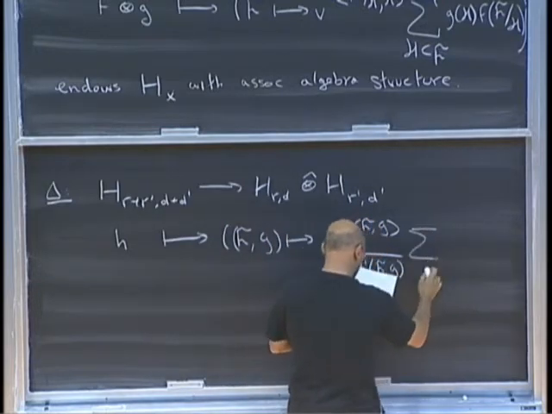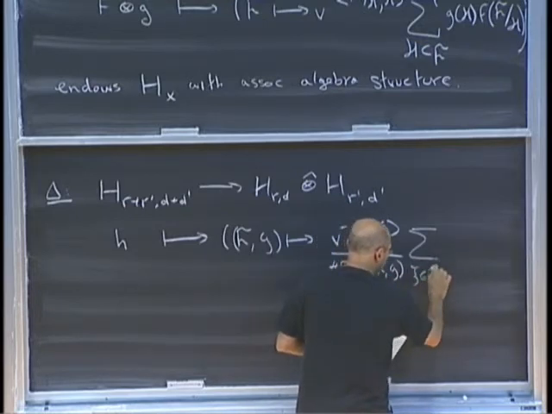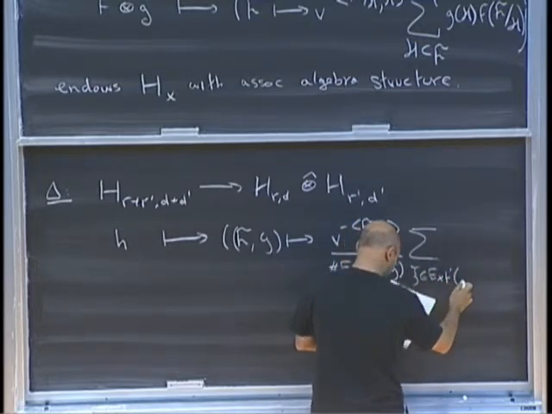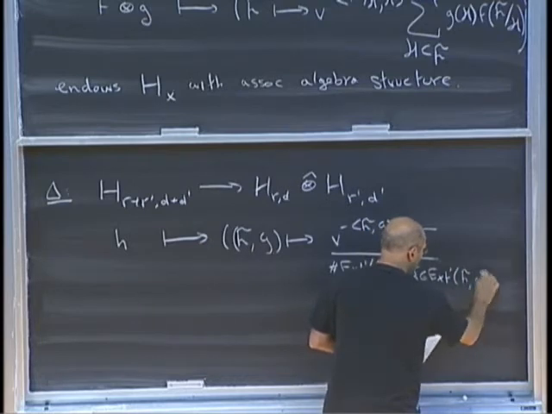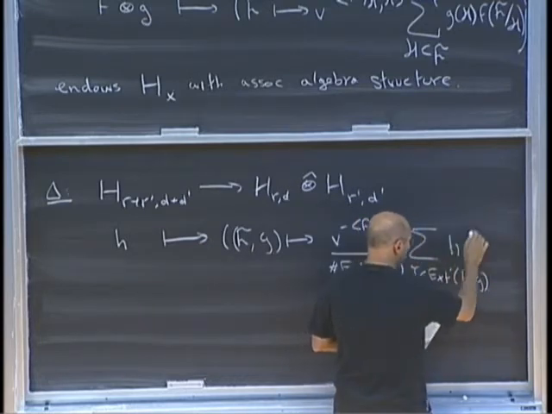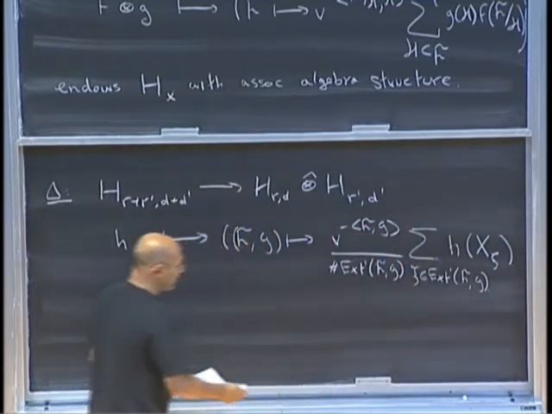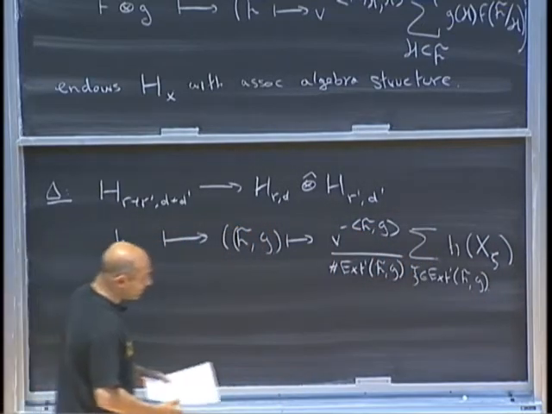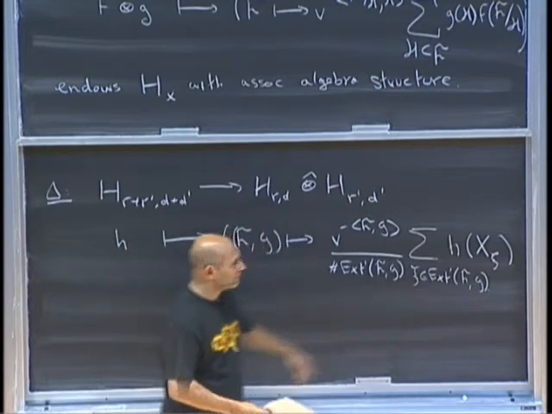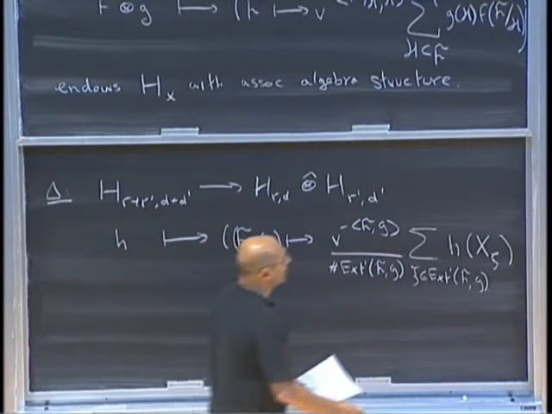And actually what you do, you average over all extensions of f and g, and you get h of x xi, and x xi is the extension corresponding to xi.